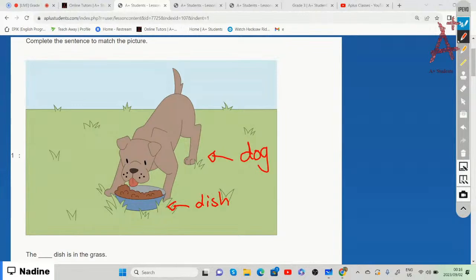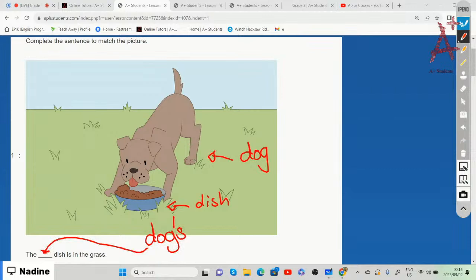And if we look at our picture, all we see is a dog and the dish, and the dog about to eat whatever is in the dish. Which means that the bowl or the dish belongs to the dog. So we are then going to say the dog's apostrophe s. The dog's dish is in the grass.